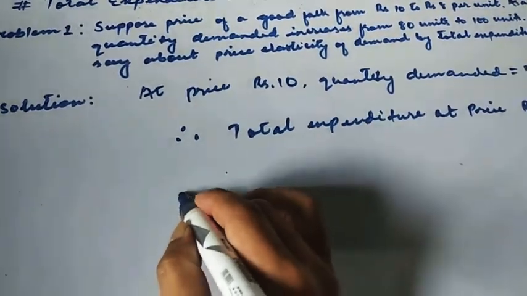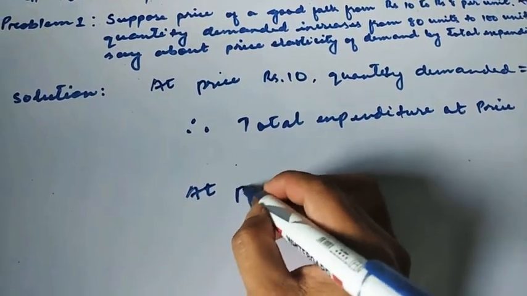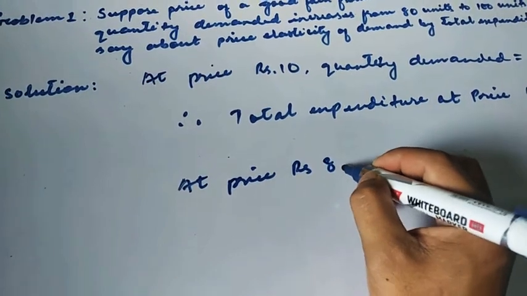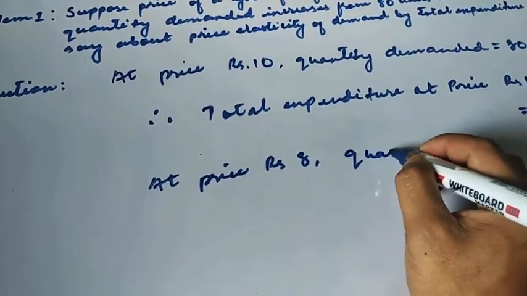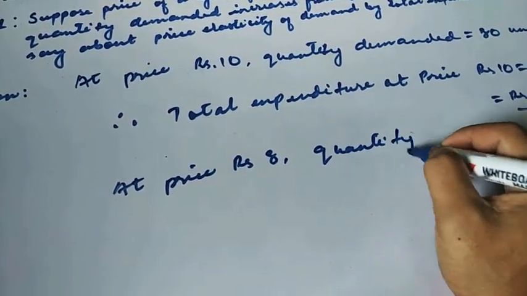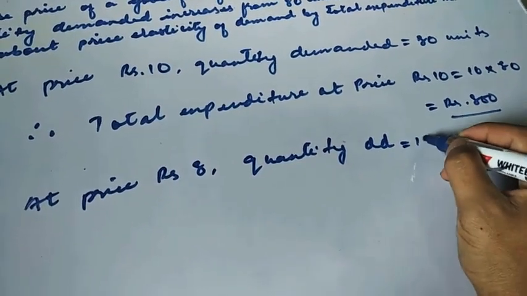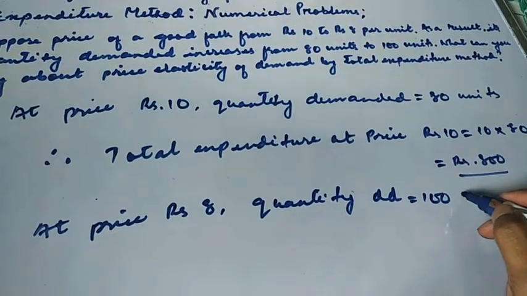Now at the new price, let us see when the price has fallen. At price rupees 8, quantity demanded is how many units? 100 units.